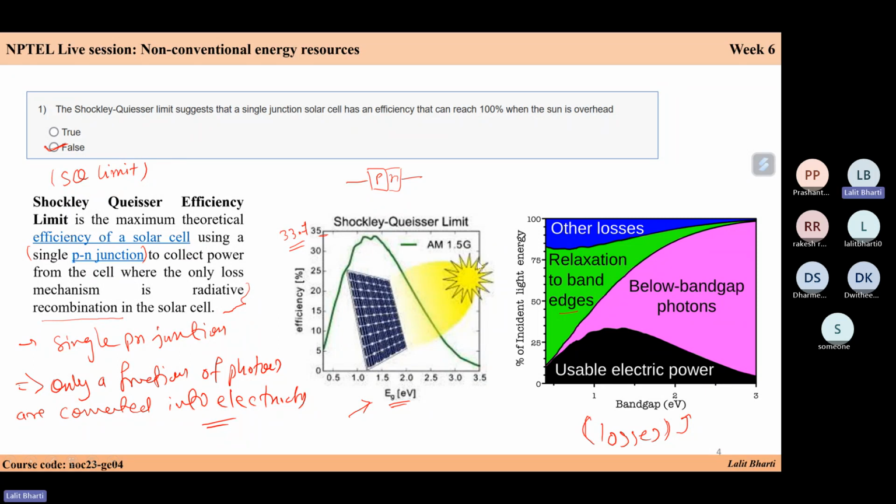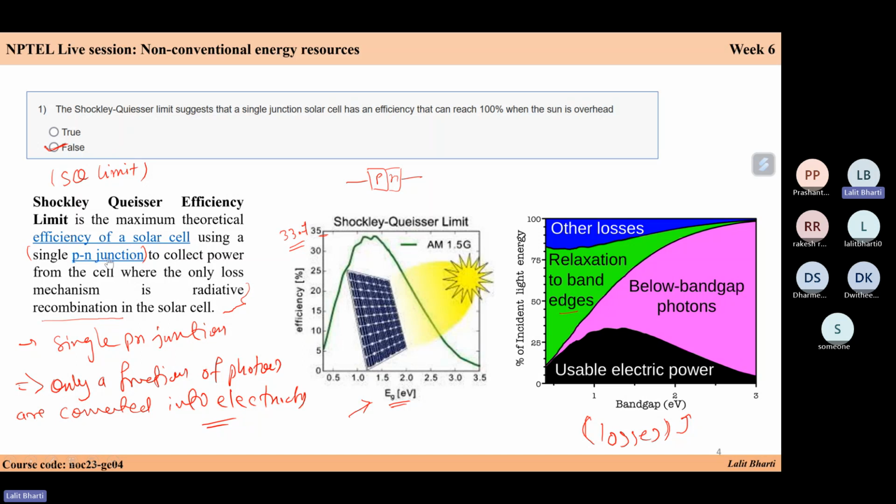Let's say this is your sun and this is your solar cell. There is always some energy loss. Even if you ignore the radiative and recombination losses, you still have a limit. This limit is 33.7%. You cannot go beyond this limit for a single PN junction solar cell.